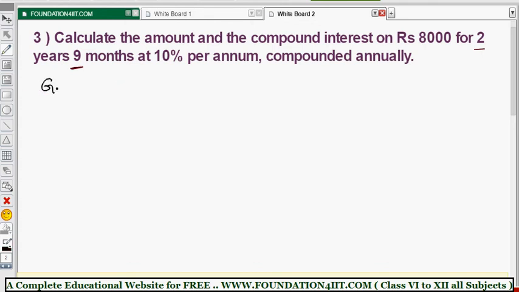So your given data is P is equal to rupees 8,000, and the rate of interest is the same 10% throughout 2 years 9 months. And when you see the time, it is equal to 2 years and 9 months.